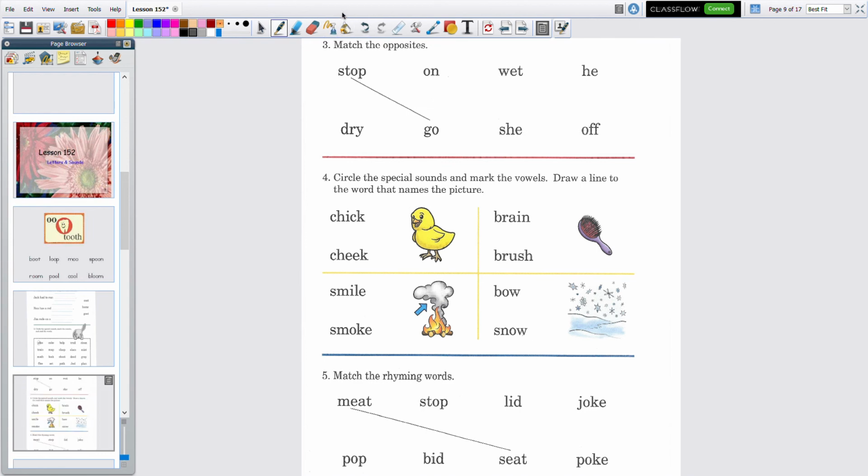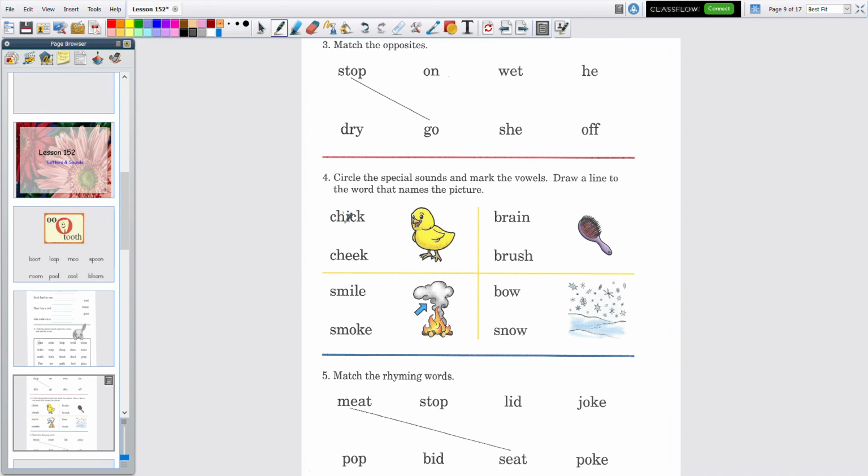Now this next part is pretty easy, but you have to do all that it says. Circle the special sounds and mark the vowels. Okay, that means two things you have to do, and then the third thing, draw a line to the word that matches the picture, that names the picture.